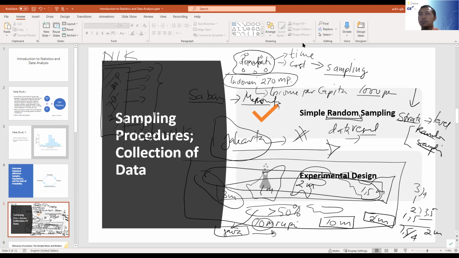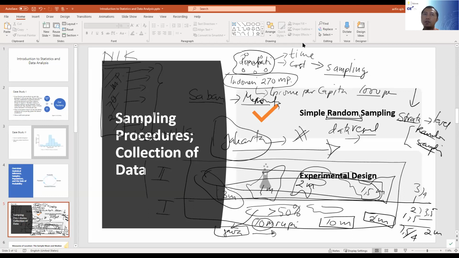In this case, we should separate the data into two sections. First, the Java section, and the second is the not Java section, including Sumatra, Kalimantan, Sulawesi, and Papua.